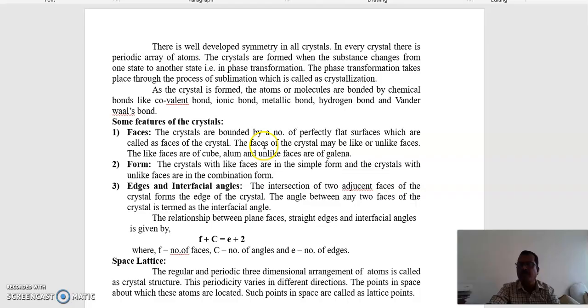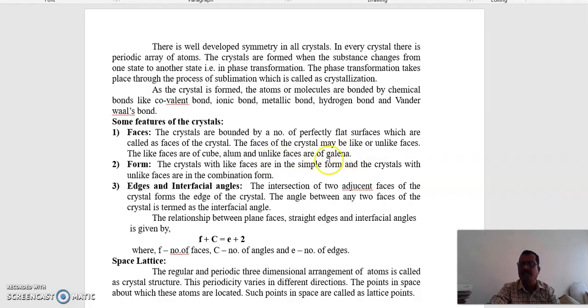The faces of the crystal may be like or unlike, each face different. Like faces are of cube, alum, and unlike faces are of galena.